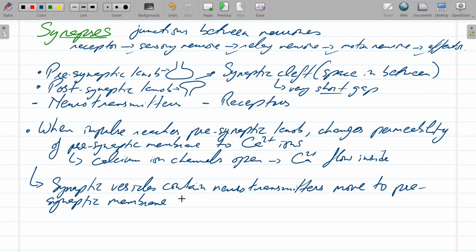So the vesicles fuse with the membrane and release the neurotransmitters into the synaptic cleft.